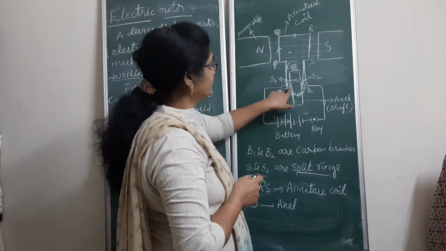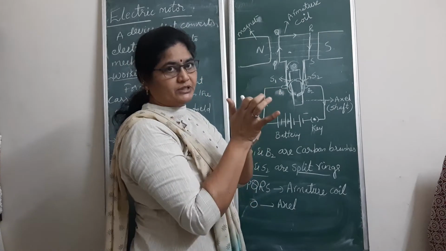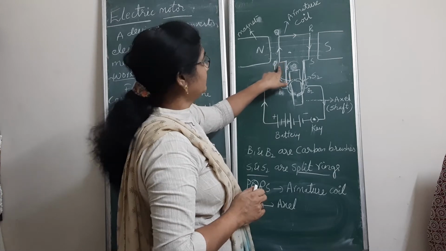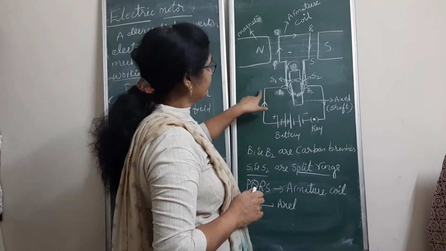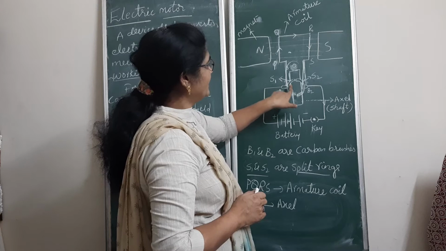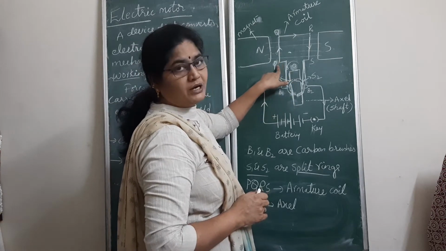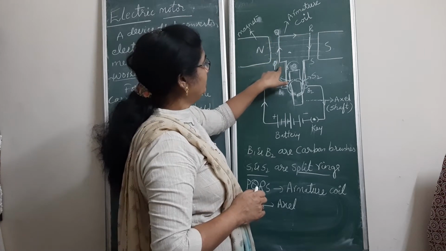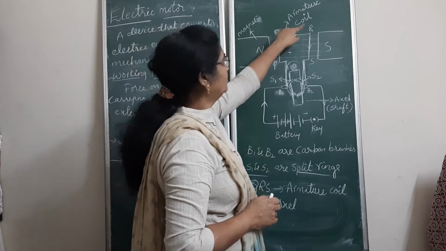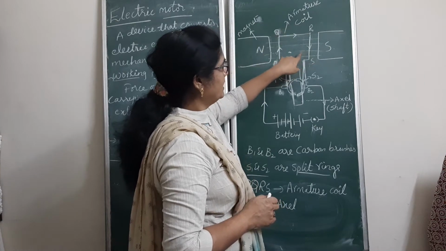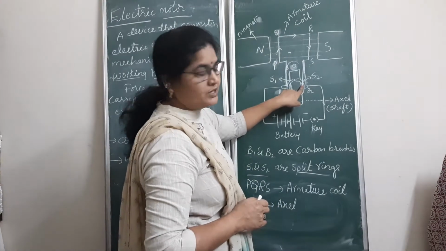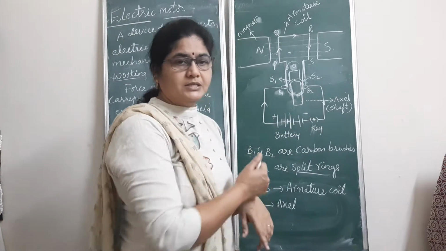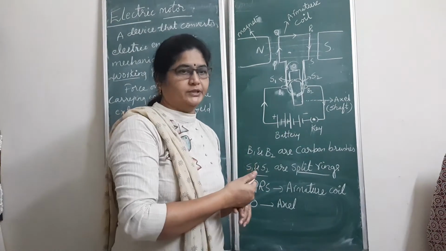It is not attached to it, it is just in contact with S1. And S1 in turn is in contact with the armature coil. So the current passes through B1 to S1 and then to the armature coil, from P to Q, then Q to R, then R to S, and back to S2, from there to B2, and B2 back to the negative of the battery. This is the path of the current through the motor.